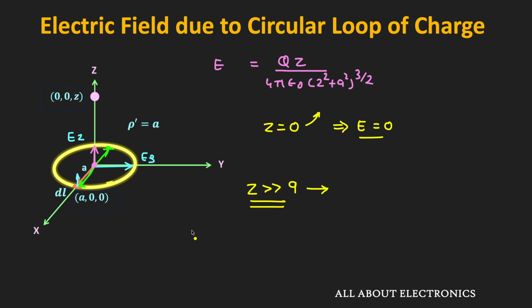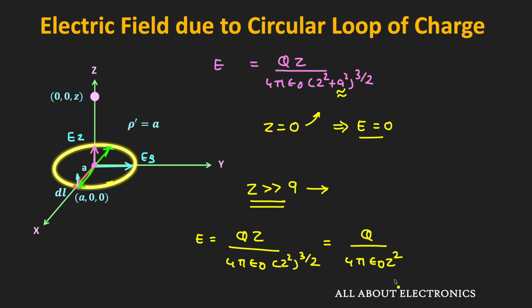So the expression of E can be written as Q times z divided by 4 pi times epsilon naught times (z square) raised to 3 by 2, because here a is negligible, and therefore further this expression can be written as Q divided by 4 pi times epsilon naught times z square, where z represents the distance between the observation point and the circular loop.